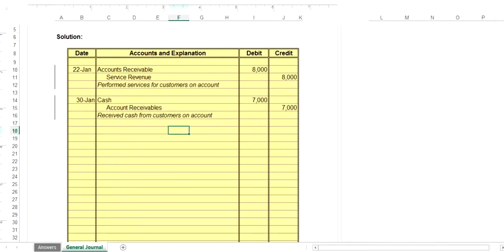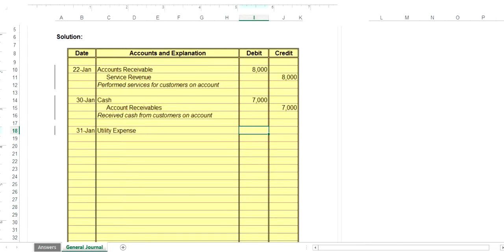Alright, so let's move on to the next one. On January 31st, it looks like we received a utility bill for $180, which will be paid later on in February. So we're going to go ahead and record the expense for utilities. In accrual accounting, you would record expenses whenever they're incurred.